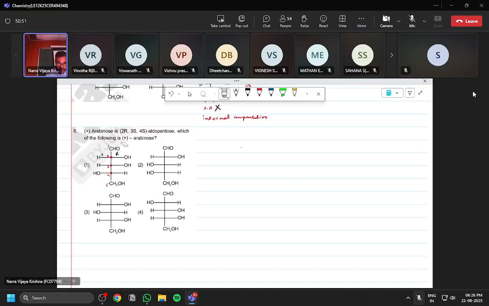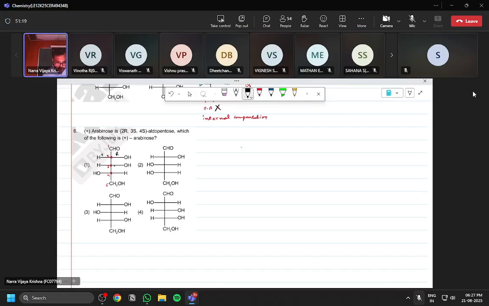Now, what about the third carbon? 1. Carbon, carbon. Carbon connected to oxygen, carbon. Carbon connected to oxygen, carbon. That carbon is connected to 1 oxygen, but this carbon is connected to 2 oxygens. So the above carbon will have higher priority. So 1, 2, 3. What is it? Anti-clockwise, hydrogen horizontal.